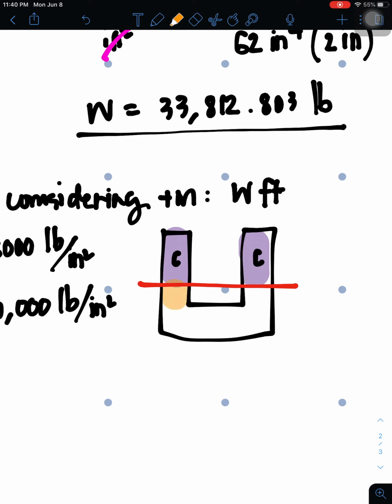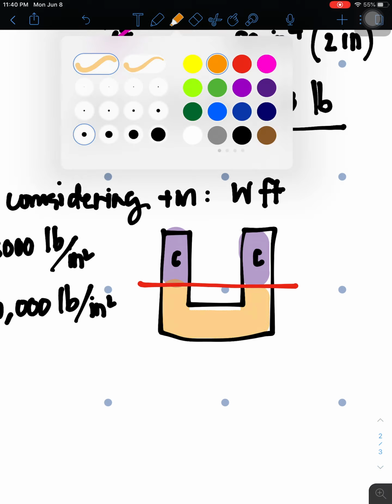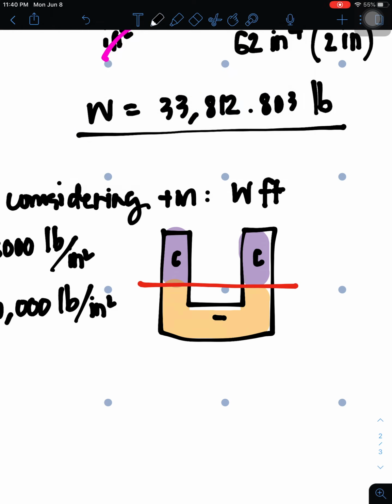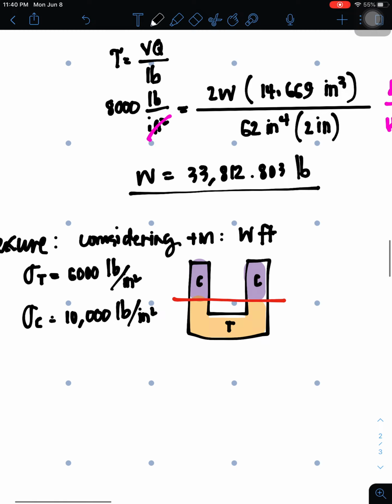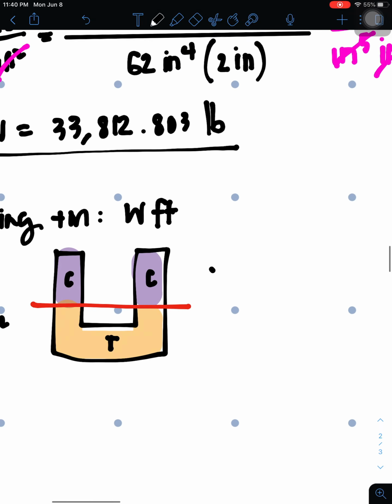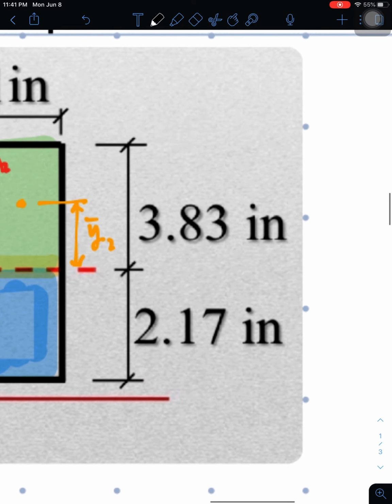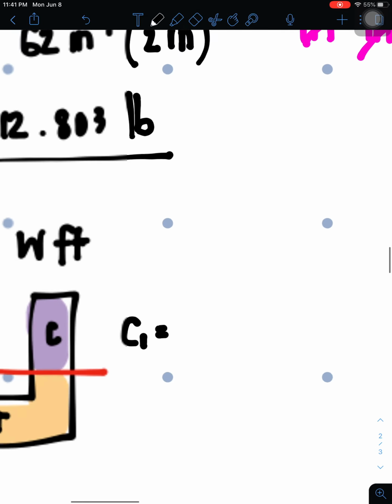And then on the other side here, this is in tension, since it's a positive moment. Alright. So therefore, you'll have c1 here equal to 3.83.